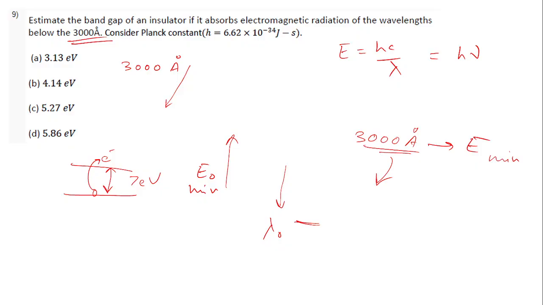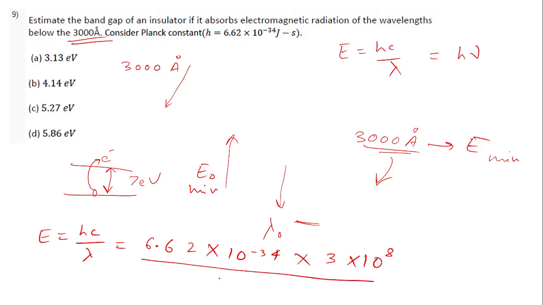Okay, so now we have to calculate the energy gap. If the wavelength is 3000 angstrom, then we can calculate the energy, because energy is hc over lambda. h is 6.62 times 10 to the power minus 34, and c, the speed of light, is 3 times 10 to the power 8 meter per second, and lambda is 3000 angstrom.